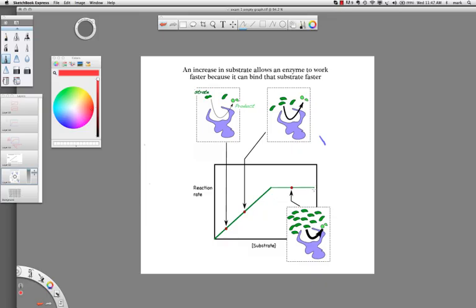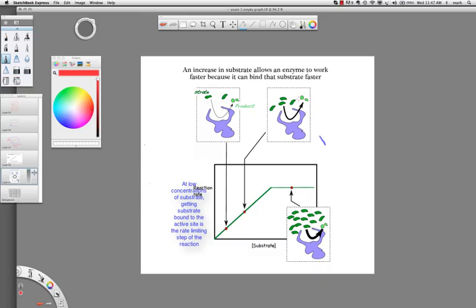So why is there a straight line relationship between reaction rate and substrate concentration? And the answer seems to be that substrate is what is limiting reaction rate when substrate concentrations are low. And that means the enzyme is finding and binding substrate, getting it into its active site so it can turn substrate into product.